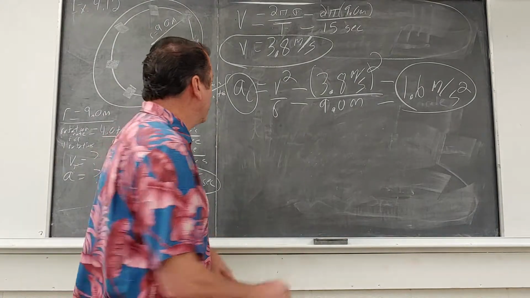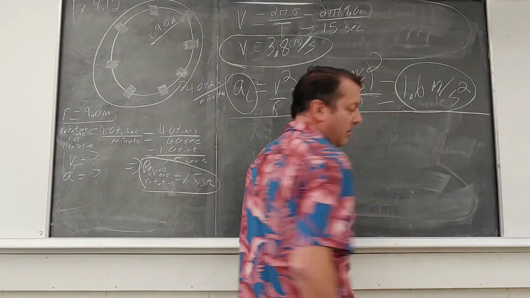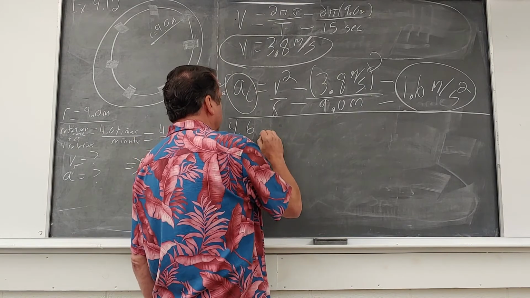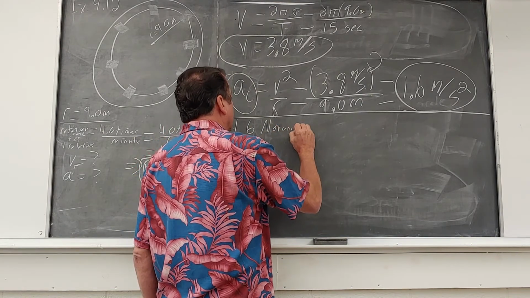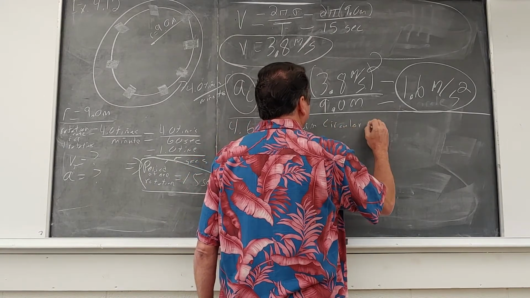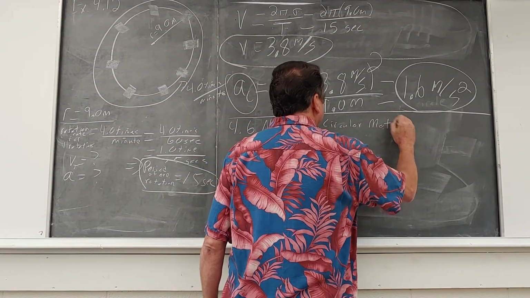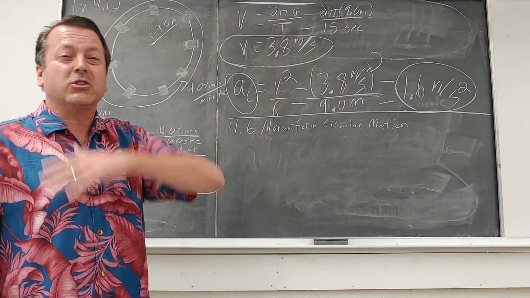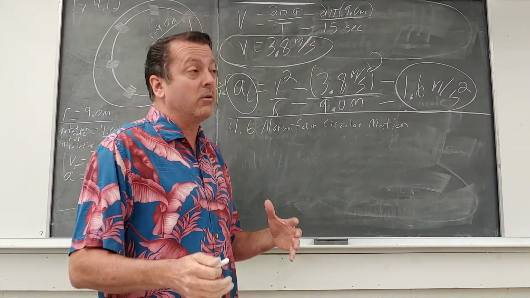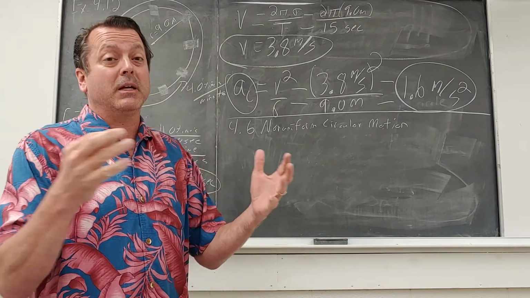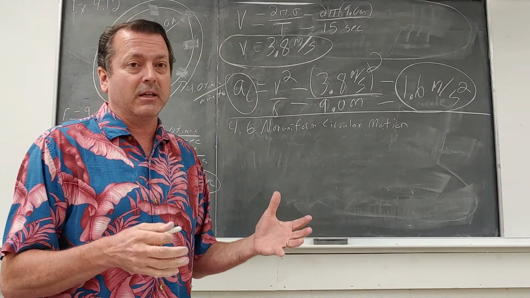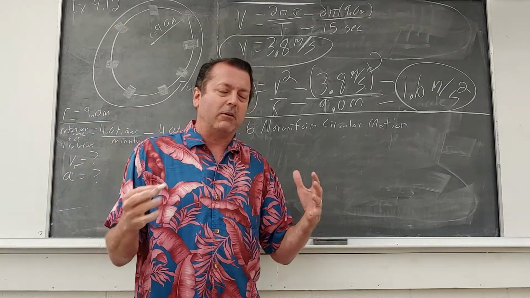I do want to go over one thing in the book on the next section, under 4.6. This is on non-uniform circular motion. This is when circular motion changes as it's going around. It changes speed as it goes around. Anything that changes speed as it goes around means its magnitude is changing, so it's going to be accelerating, but that's not taking into account direction.